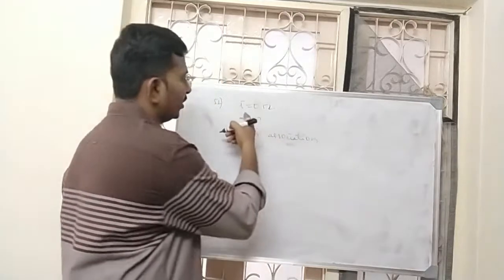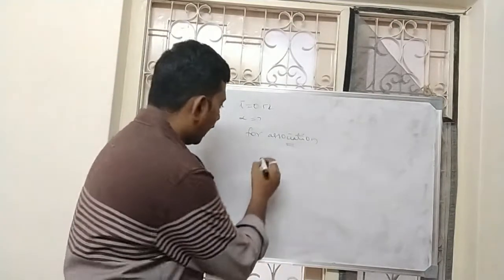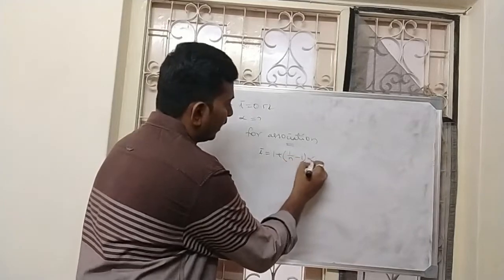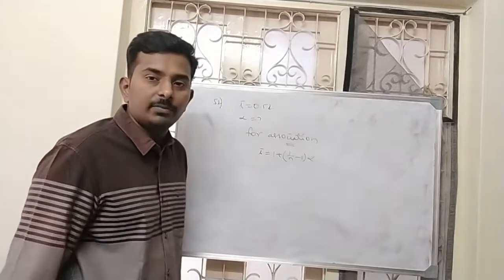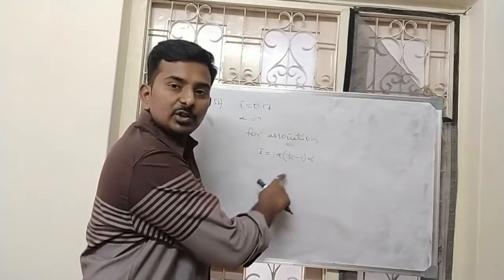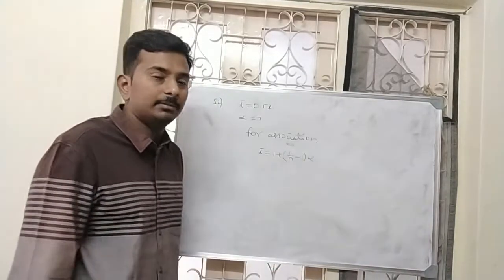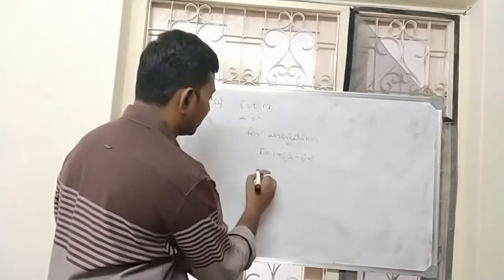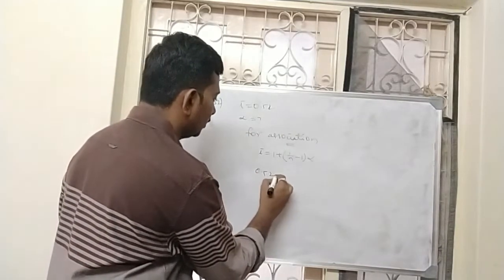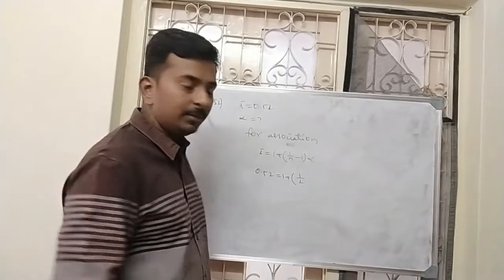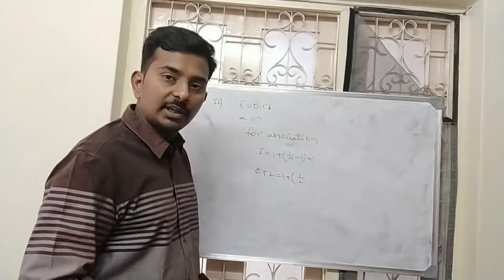what is the relation between i and alpha? i is equal to 1 plus (1 by n minus 1) into alpha. For dissociation, 1 plus (n minus 1). For association, 1 plus (1 by n minus 1) into alpha. So the value of i is given as 0.52, which is equal to 1 plus (1 by 2 minus 1) into alpha, because it is association, so the n value is 2, two molecules will associate, dimerization.